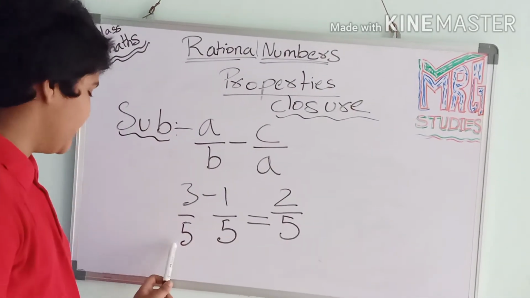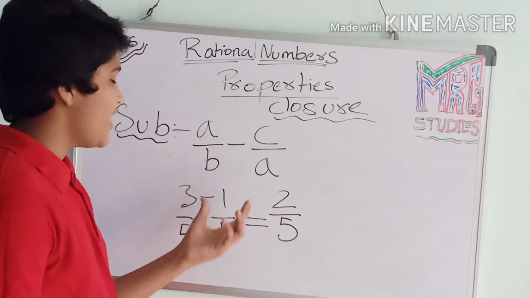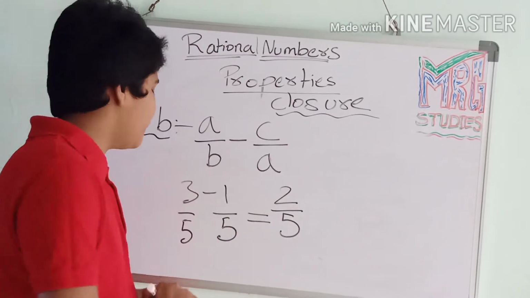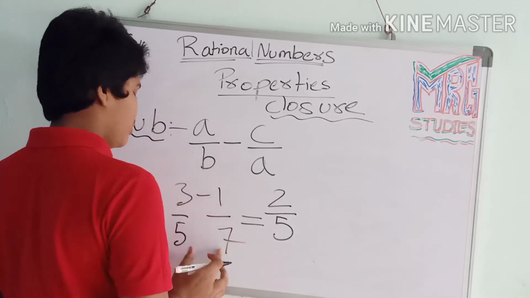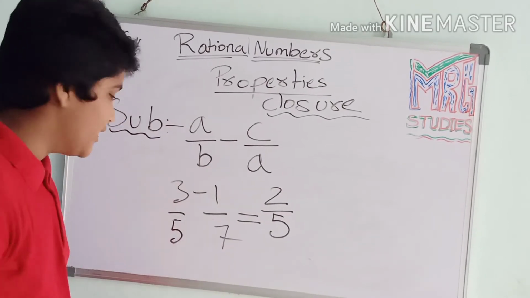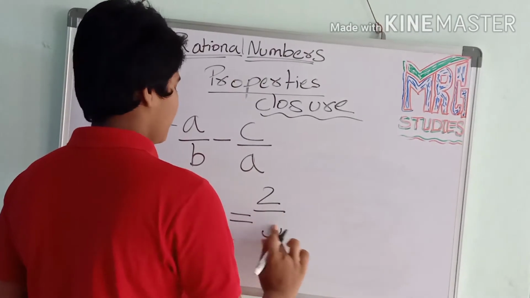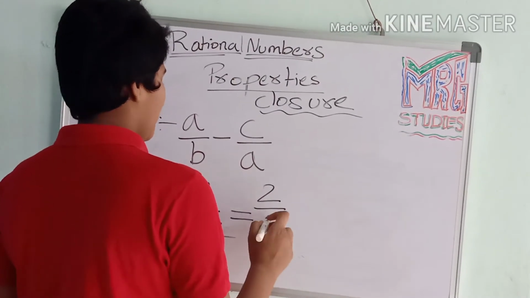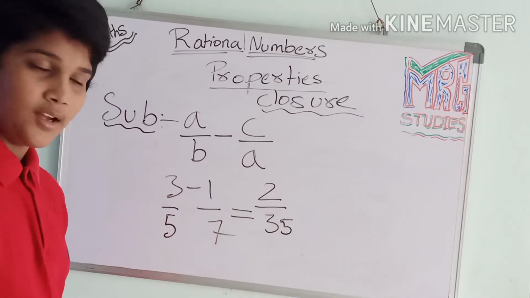We can keep the same denominators, or we can do it like this also. When we do it like this, we should take the LCM of these two. At that time we get something like 35. We got 35, so 2 by 35, like that.